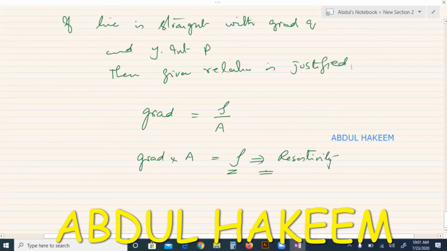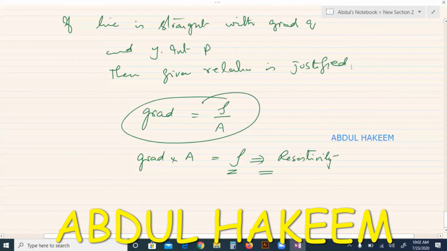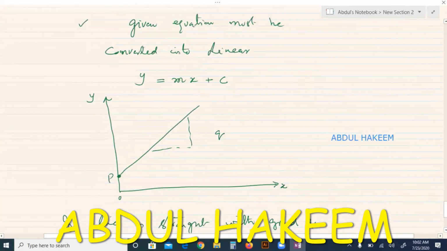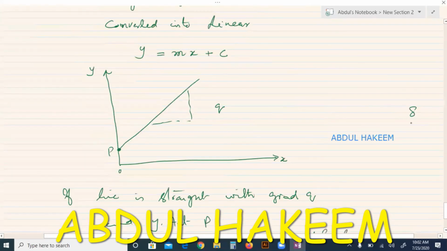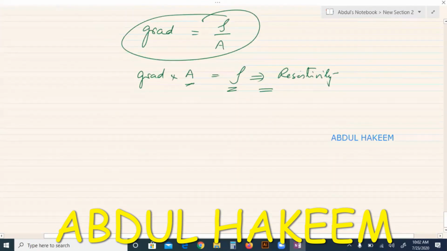Sometimes it will be asked that calculate some quantity from the gradient, some quantity by the y-intercept. If this is suppose rho over A, then the rho can be calculated by multiplying the area of the wire with the gradient like this. So 2 marks for this data analysis. So 8 plus 2, it becomes 10, still 5 left.